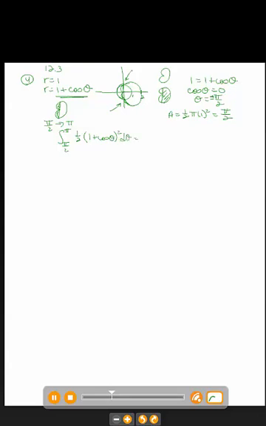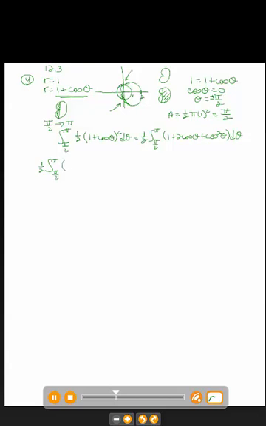Okay, so that turns into, let's pull the 1/2 out. And what I'm going to do is get this answer and double it, because I'm only doing one crescent shape. And that's going to be 1 plus 2 cosine theta plus cosine squared of theta, which I now need to use the half angle formula on.